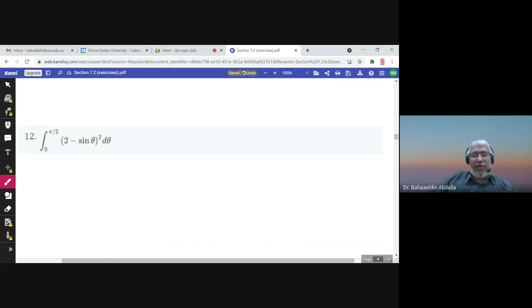What to do here? I have no 2 minus sine to the power 2. Well, I need to expand. Square of a binomial. 2 square is 4. Minus 2 times 2, so that's 4 sine theta plus sine square theta.